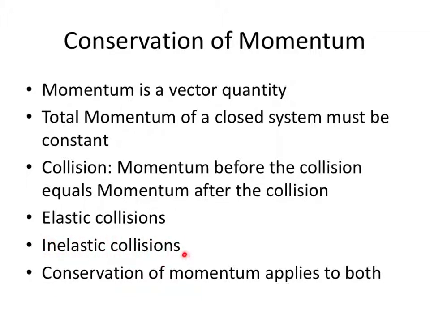The surfaces end up being deformed somewhat. And typically also the objects actually stick together. For example, the piece of clay doesn't bounce up off the floor. It just sticks there. Now, the important thing is that conservation of momentum applies equally to both of these situations. Both elastic collisions and inelastic collisions, conservation of momentum applies.